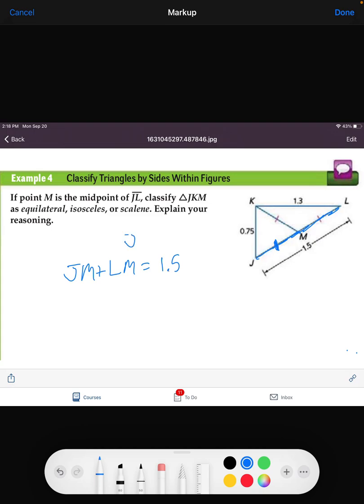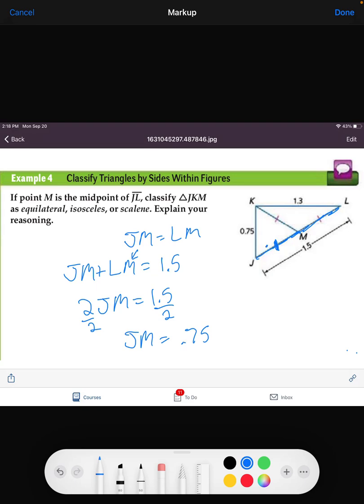And we already said JM equals LM. We can use substitution and say 2JM equals 1.5. Then divide by 2, division property of equality, and we get JM equals 0.75.